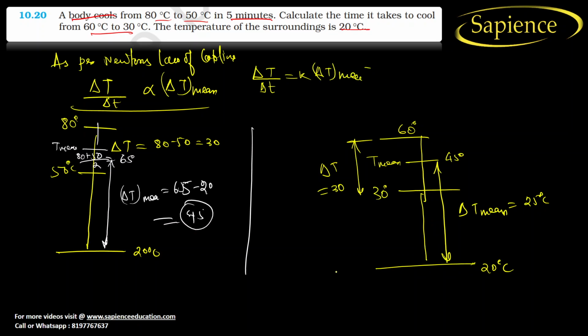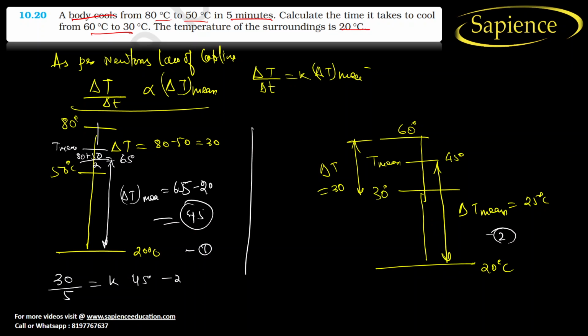So we need to create an equation. For case 1 and case 2: for case 1, delta T is 30 divided by time taken, 5 minutes, and this is equal to k into delta T mean, which is 45.